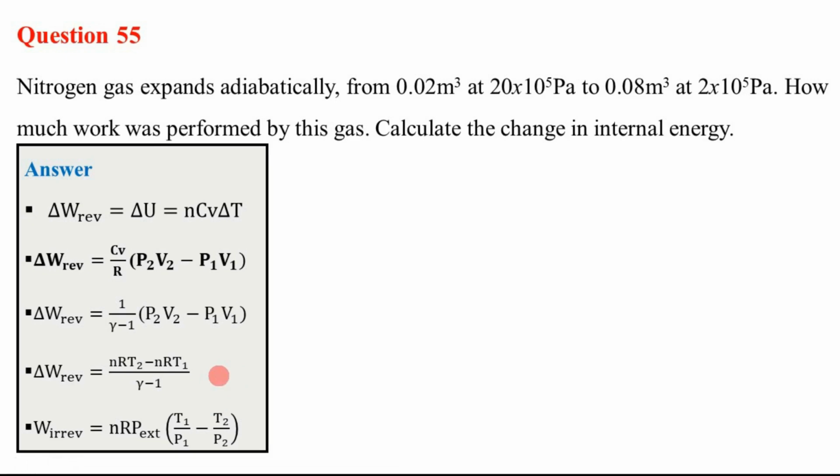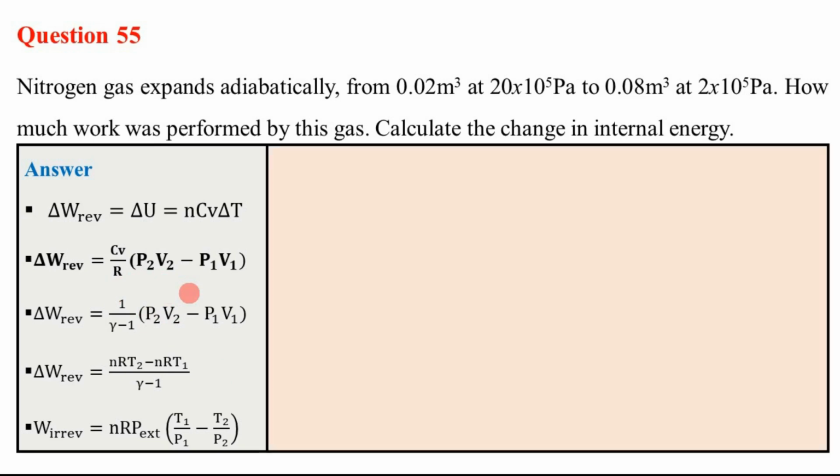If they told you that the expansion or compression has been done at a constant external pressure, in this case you are going to use the irreversible process. Then we use this one to calculate the work done, and we know the work done is equal to the internal energy in an adiabatic process.